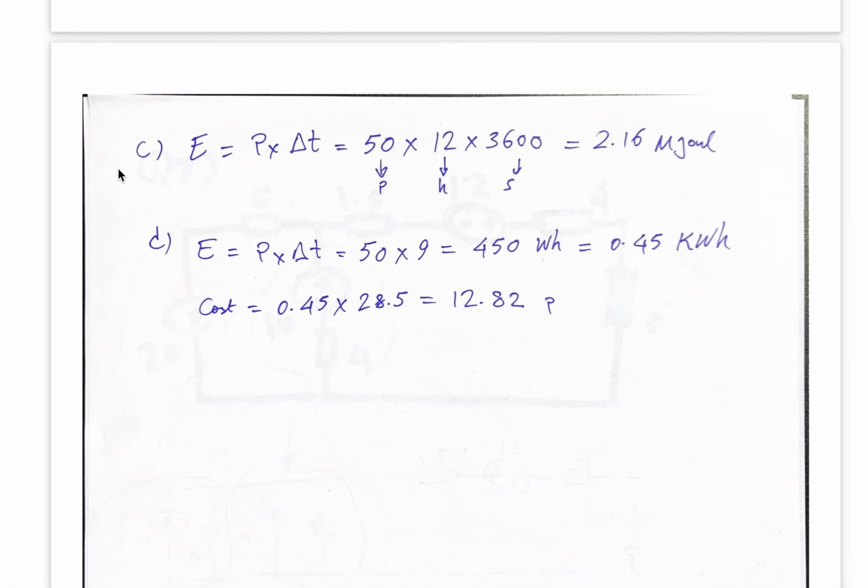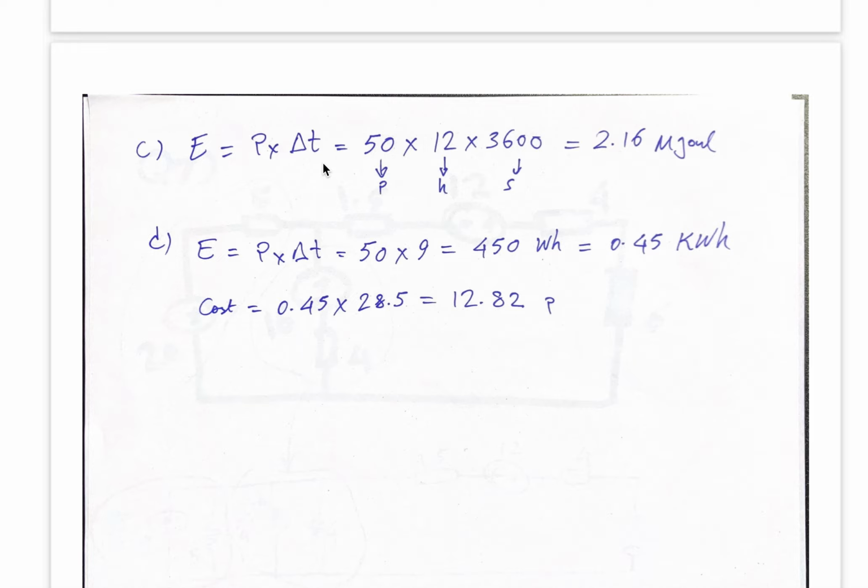Section C is about the energy supplied by the source, which is actually the energy consumed by the load. Energy has this definition: energy equals power multiplied by duration of time. They gave us the duration of the consumption, 12 hours.